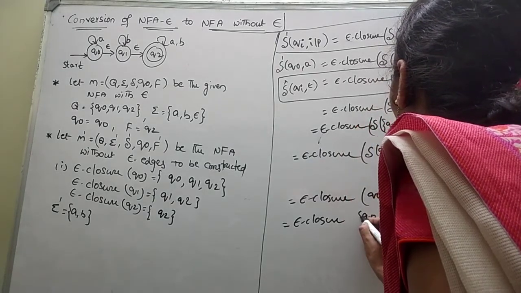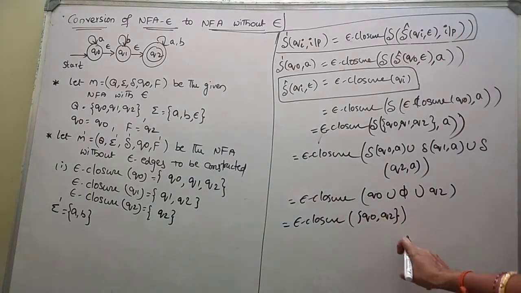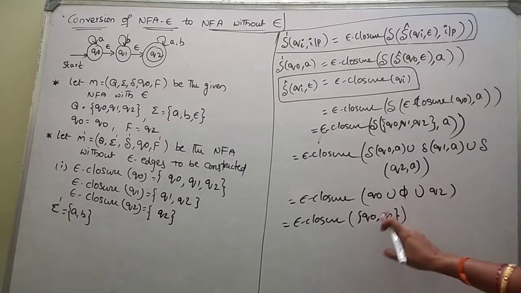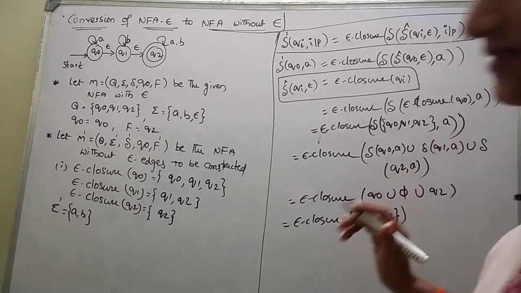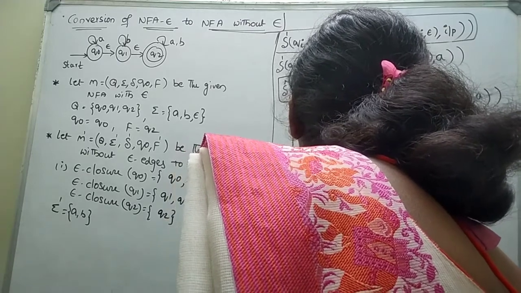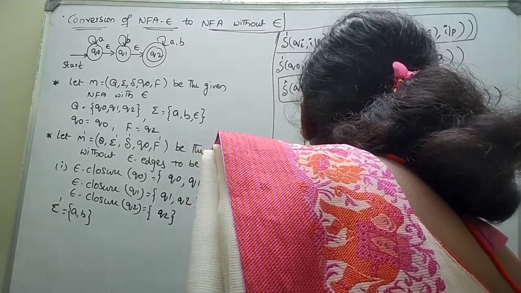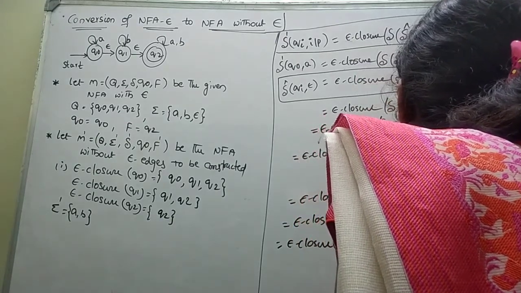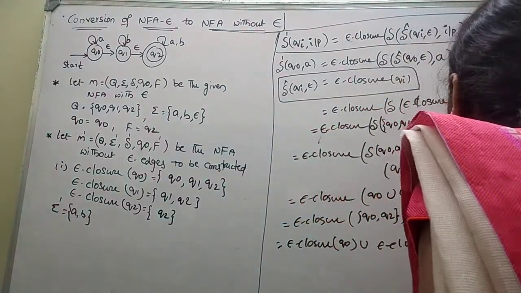Now how are we going to write the epsilon closure for this? Here also we consider the union of the epsilon closures of those two states. That is epsilon closure of Q naught union epsilon closure of Q2.